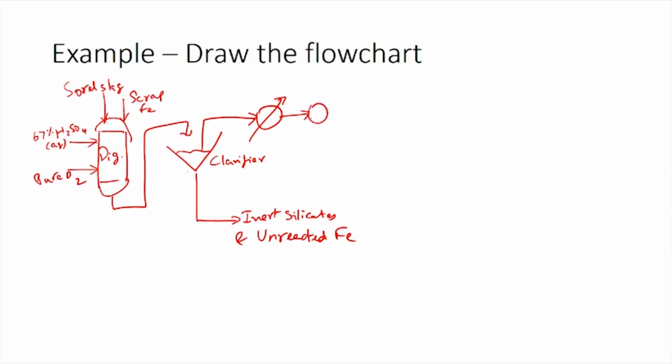So, you have a filter, and from the filter all the FeSO4 is leaving the system, and the solution of TiOSO4 is then taken to the evaporator.